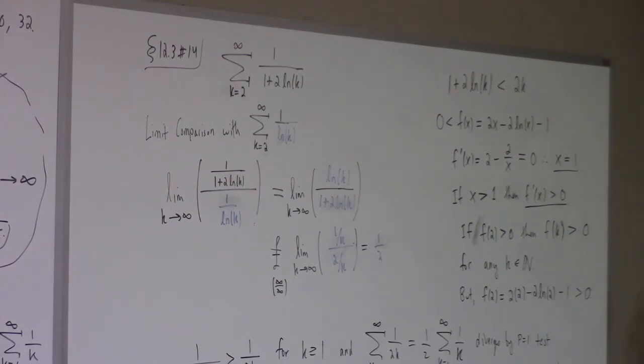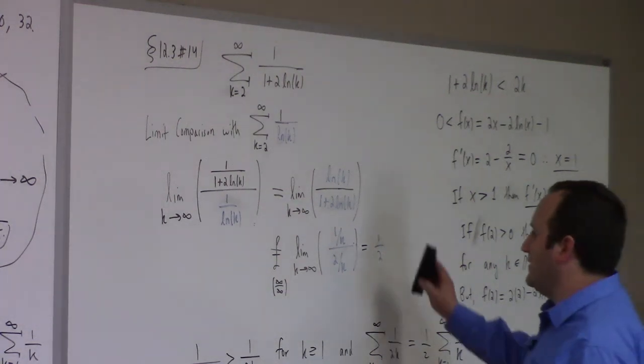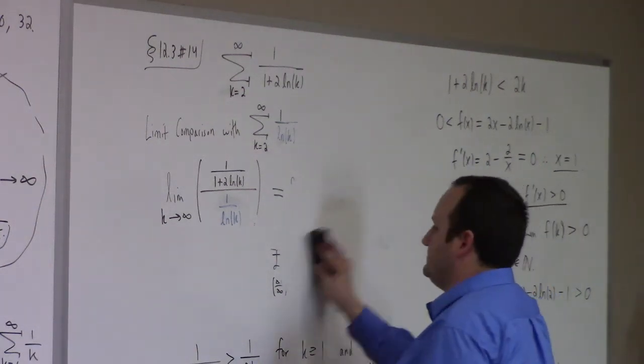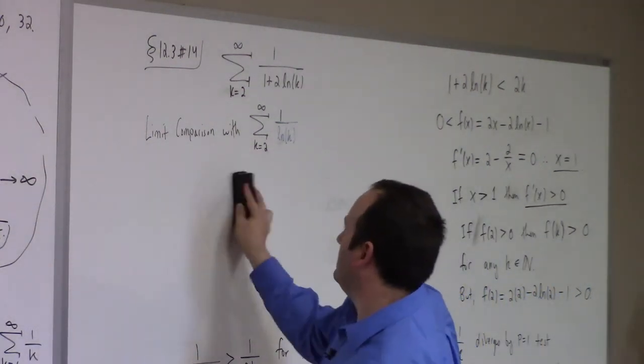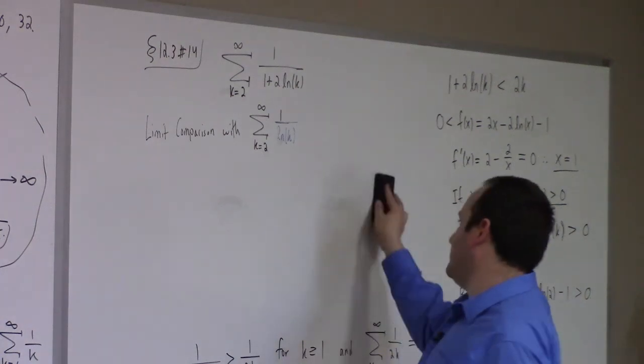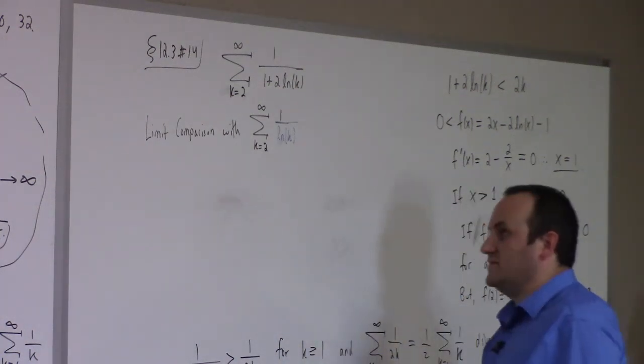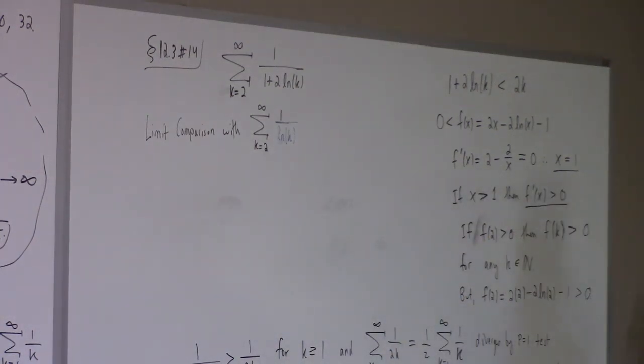It didn't turn out well, so you can ignore the limit comparison. It wasn't really helpful to me here. Let me erase that. If you don't succeed, you must dust yourself off and try again. That's the way these things go.